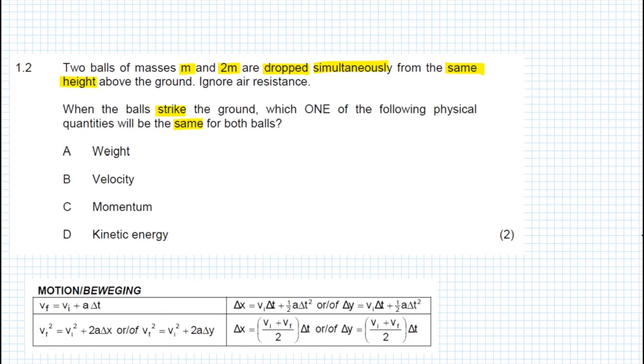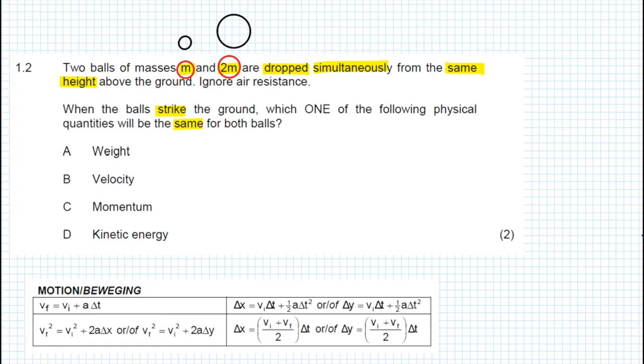Before we come to the conclusion about which answer is correct, let's analyze the information that has been given to us. Firstly, we see that each ball has a different mass. The one ball has two times the mass of the other ball.